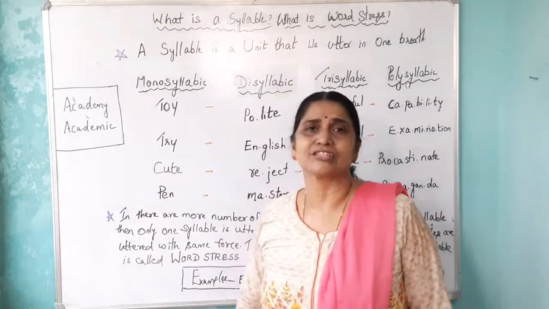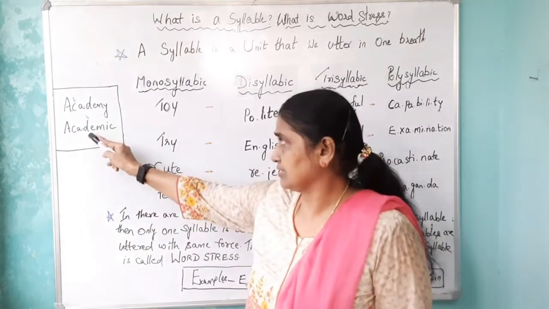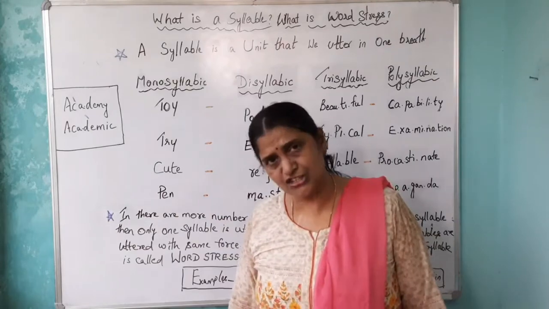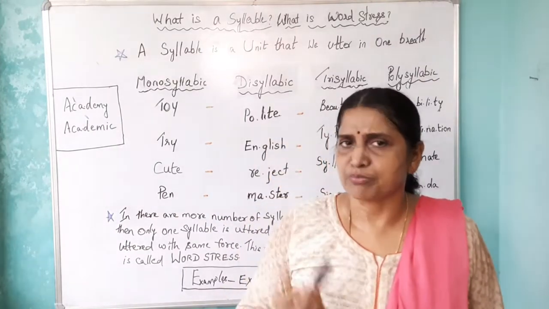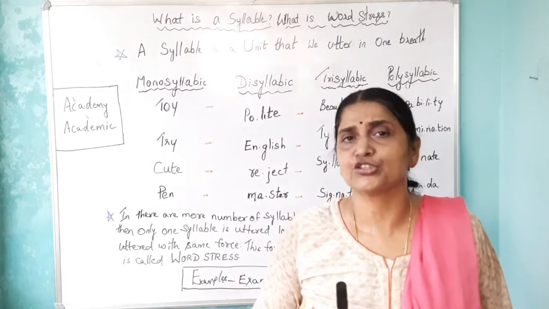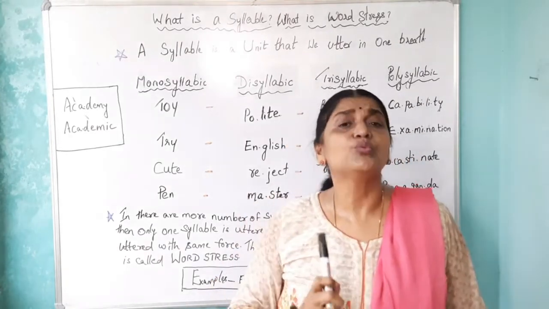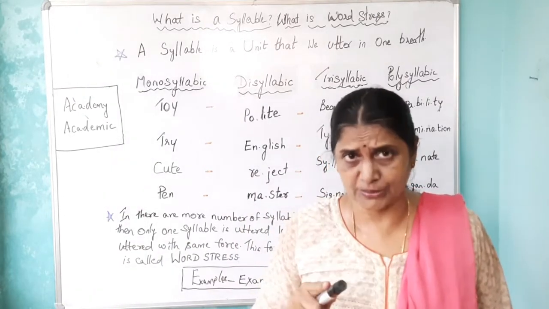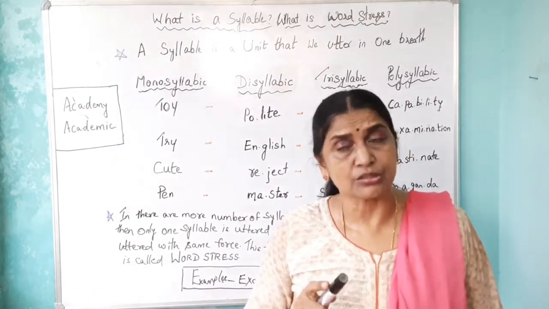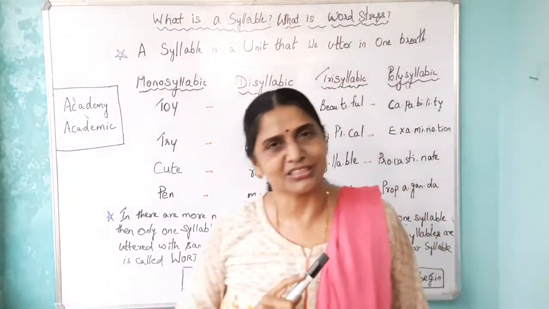Academy. Academic. So this is the difference in the pronunciation. So you have to practice and learn certain rules before actually using word stress in your language. Okay? Hope you understood the basic things of what is a syllable and what is word stress.